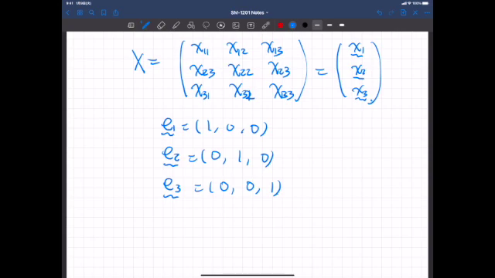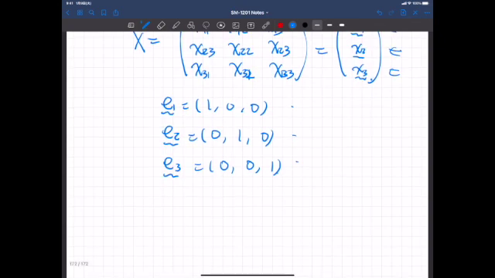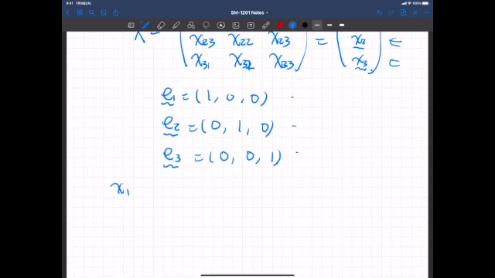Okay. Then we can represent each of these x1, x2, x3 as a linear combination of these three vectors. For example, x1 is x11, x12, x13, right?